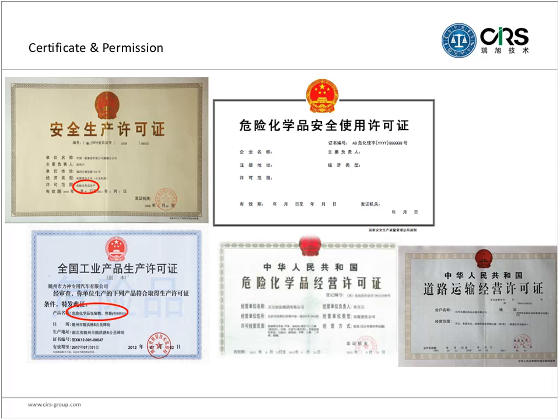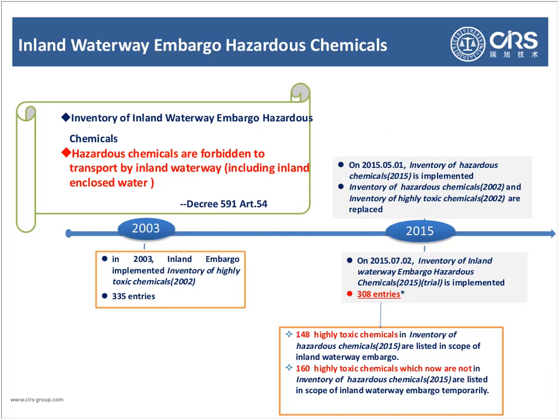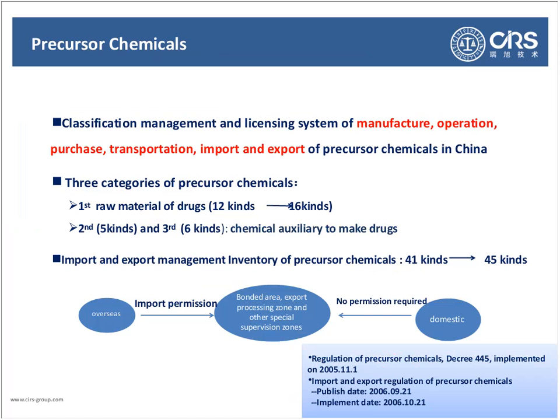Okay, so the third one is about the precursor chemicals, which is a very general regulation, and you'd better know about this. Regarding the inventory of precursor chemicals, it sets obligations: whatever you do, manufacture, operation, purchase, transportation, import, and export in China, you need to get permission or a license before you do such work.